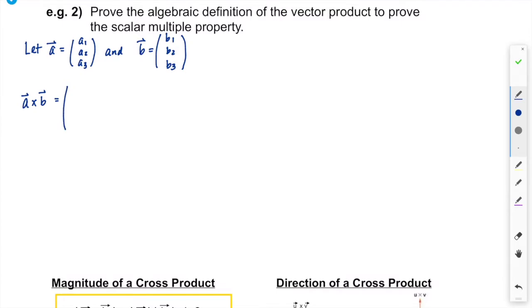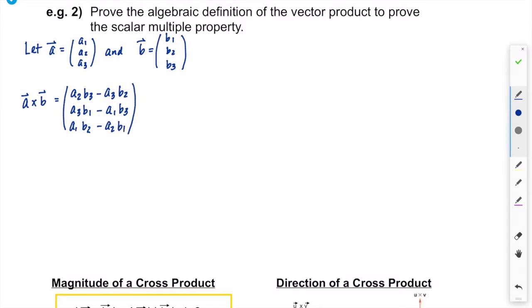A cross B is, if I ignore the top row, A2B3 minus A3B2. And then I'm going to have A3B1 minus A1B3. So you see the current row is missing from that calculation. In the middle row, 2 is missing, right? So in the third row, we'll be seeing 1 and 2s. So A1B2 minus A2B1.